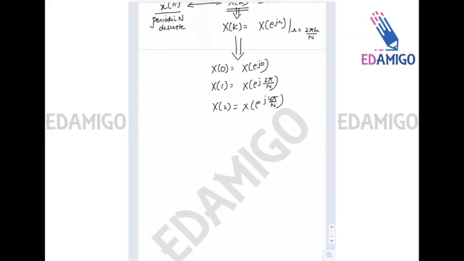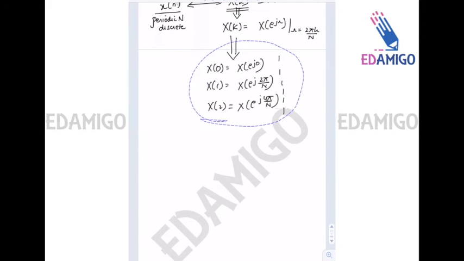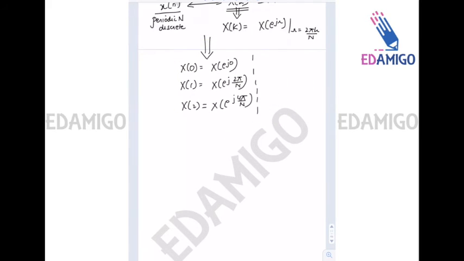Now if you want to find X[N], you will put k equal to capital N here. It will be X(e^{j2π}), and e^{j2π} is equal to e^{j0}. So I can say that these two terms are equal.